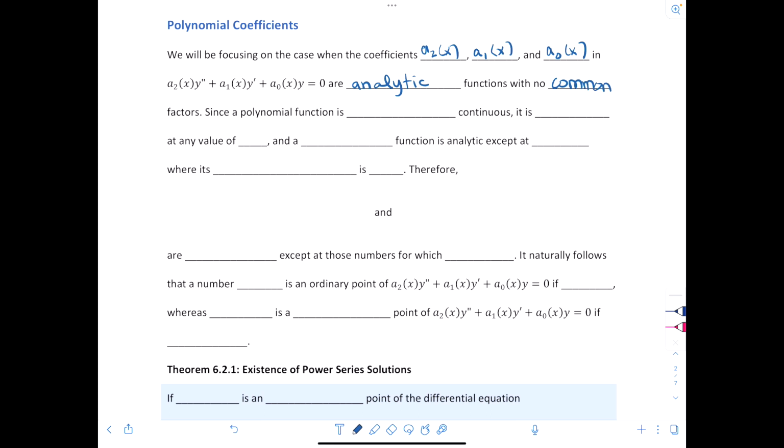Since a polynomial function is everywhere continuous, it is analytic at any value of x, and a rational function, which is in the form of polynomial over polynomial, is analytic except at points where its denominator is 0.